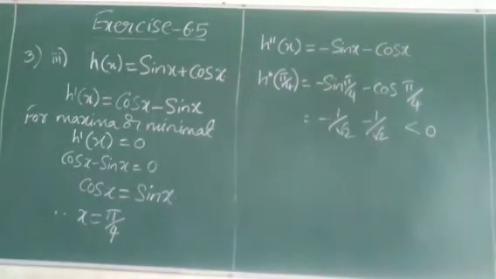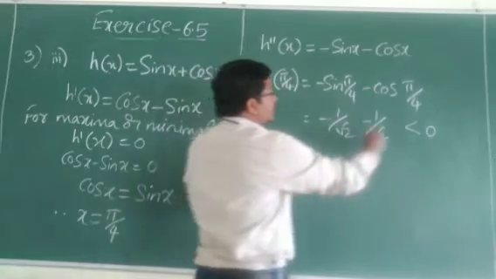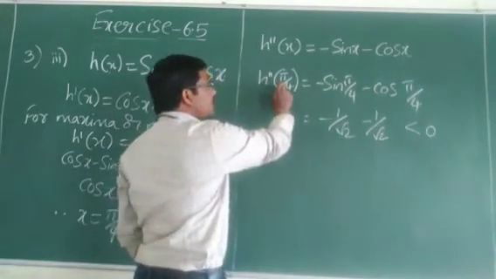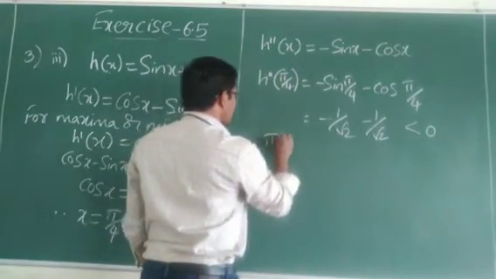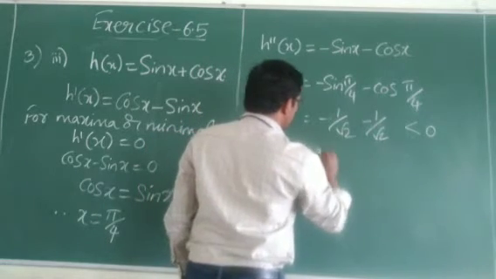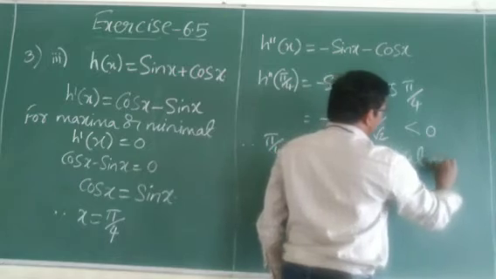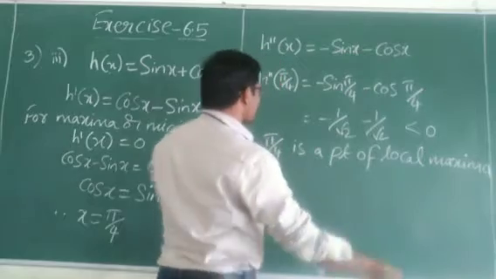But from here, this is negative, so we can directly write it is less than 0. When the second derivative is less than 0, this point is a point of local maxima. Therefore, pi by 4 is a point of local maxima.